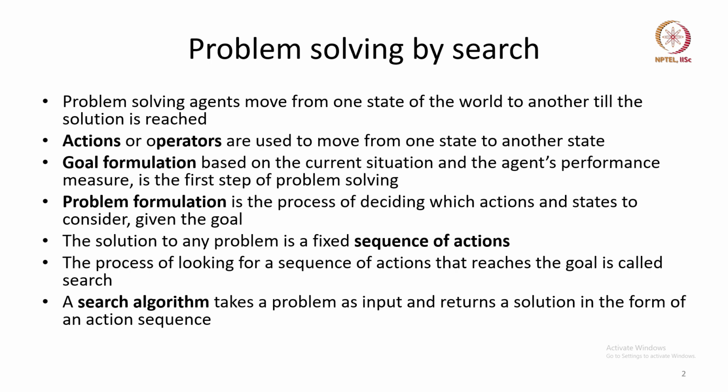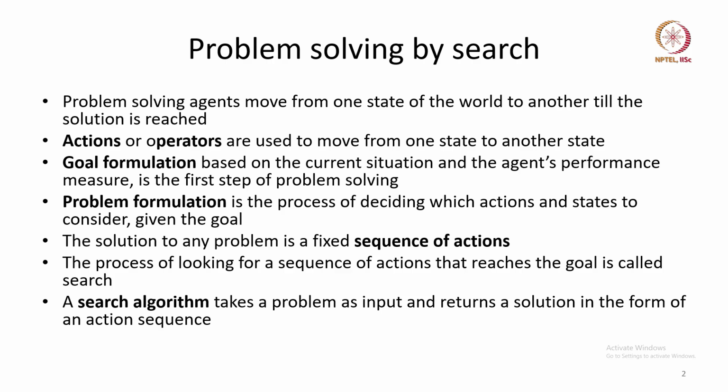Basically we have a goal formulation which is based on the state in which we are and some performance measure that we have, and using this we formulate what is called the goal state. When we formulate the problem, we have to decide which are the states, what is the action, and also the transition from the state to the action.